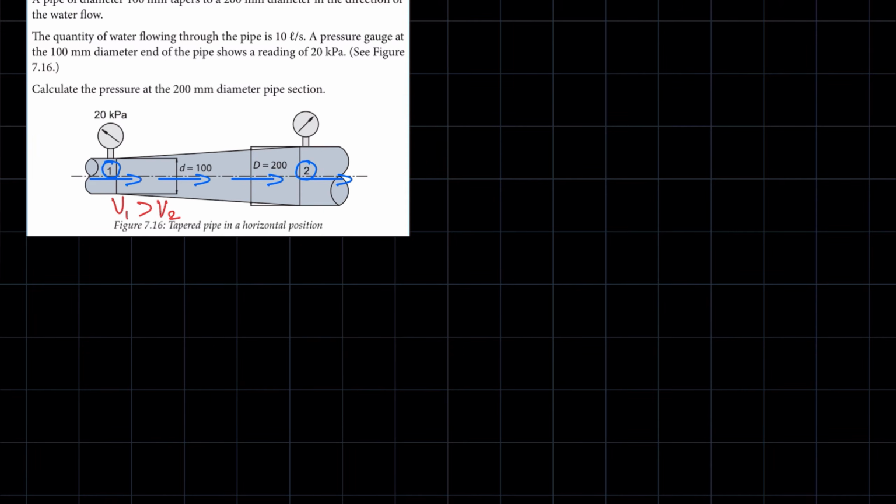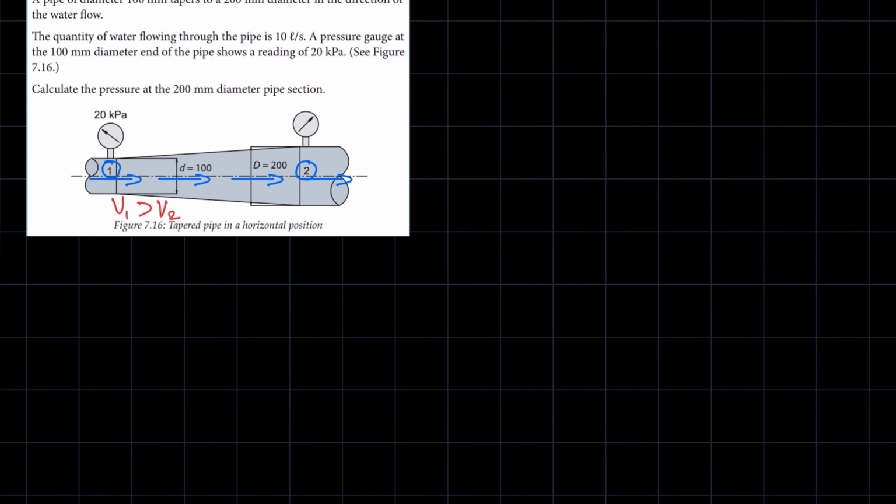Bernoulli's theorem essentially states that when the velocity of a fluid increases, whether the fluid is a liquid or a gas, the pressure within the fluid decreases. That is for horizontal pipes.